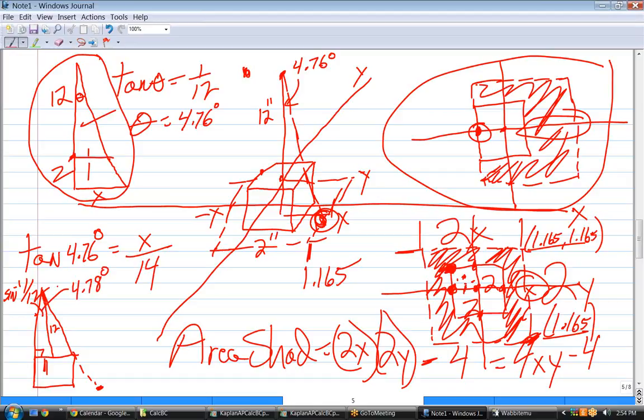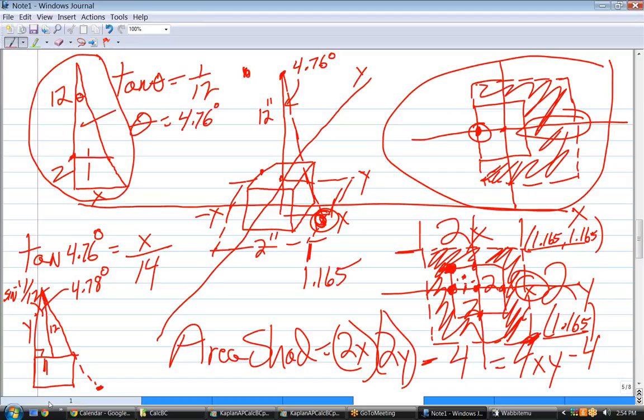That's going to allow me to figure out this measurement right there, y. Which measurement where? What I've labeled as y. Oh, I see. Okay. In other words, because I now know this is 1 and I know this is 4.78 degrees, I can do the tangent of 4.78 degrees is 1 over y.